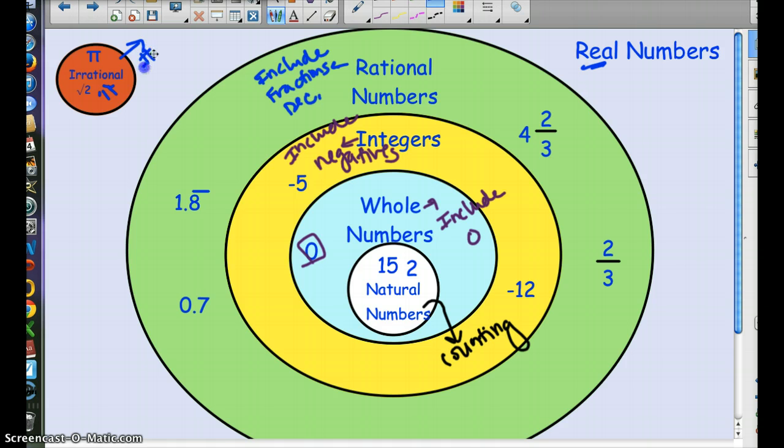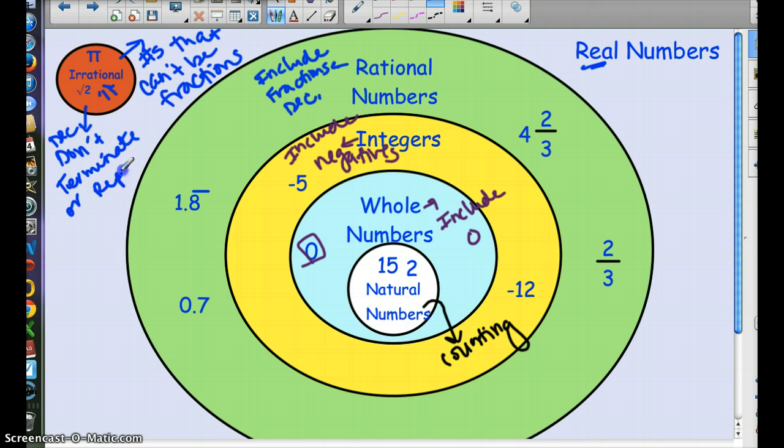These are numbers that can't be written as fractions, and the decimals don't terminate or repeat. So real numbers encompass irrational and rational. Rational encompasses integers, whole numbers, and natural numbers.